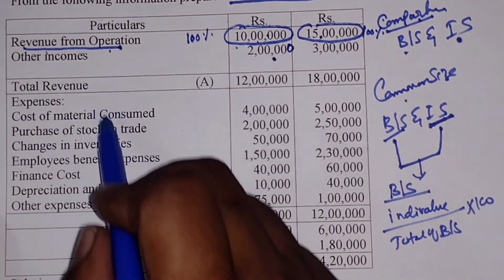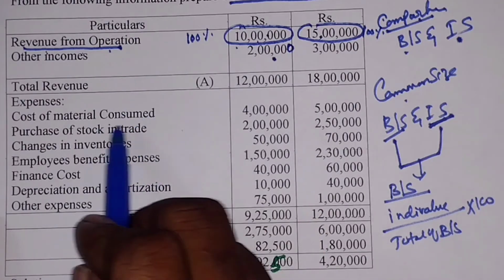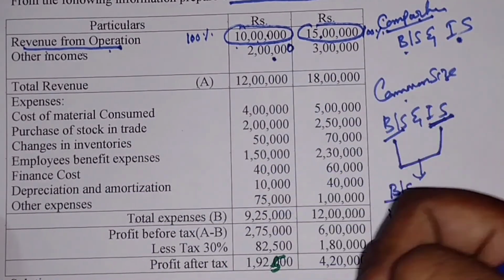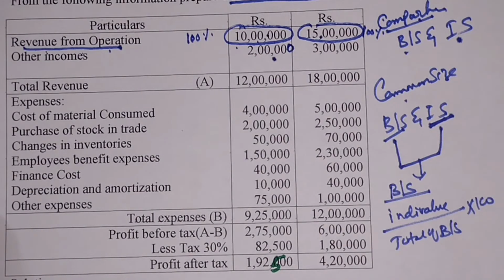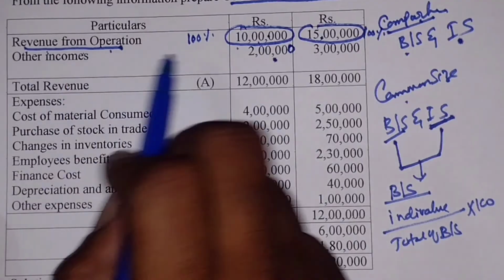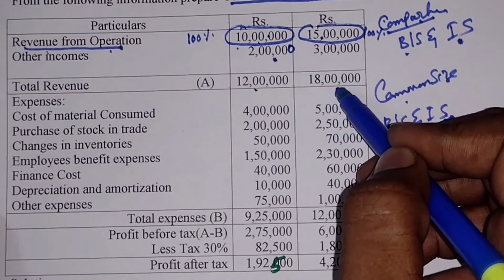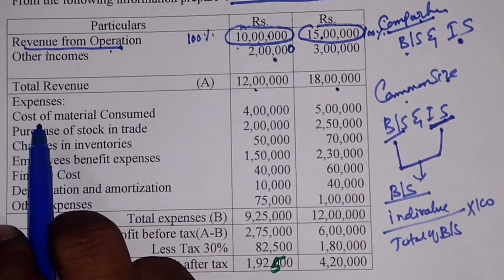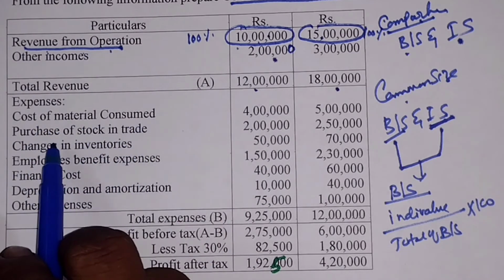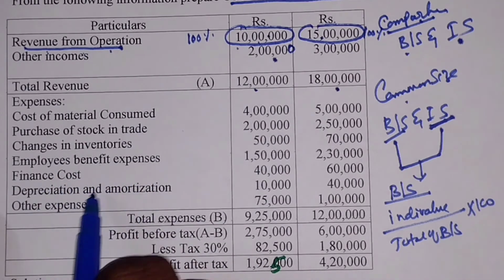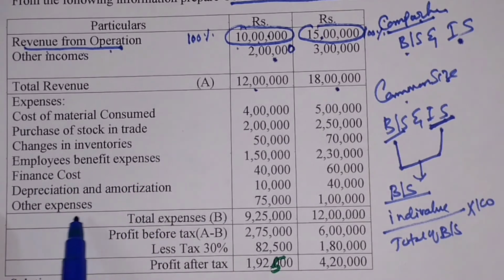Since the first problem is given directly, let us understand the format, and based on this we will work out the other problems. Revenue from operation and other incomes total 12 lakh and 18 lakhs. Then there are 7 different expenses: cost of material consumed, purchase of stock in trade, changes in inventories, employee benefit expenses, finance cost, depreciation and amortization, and other expenses.